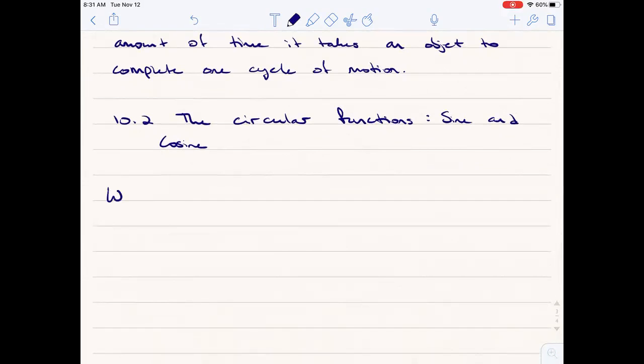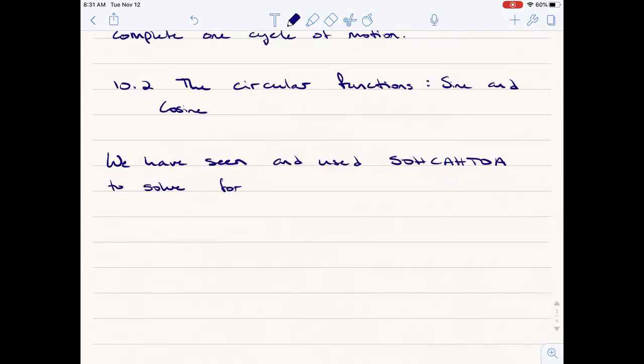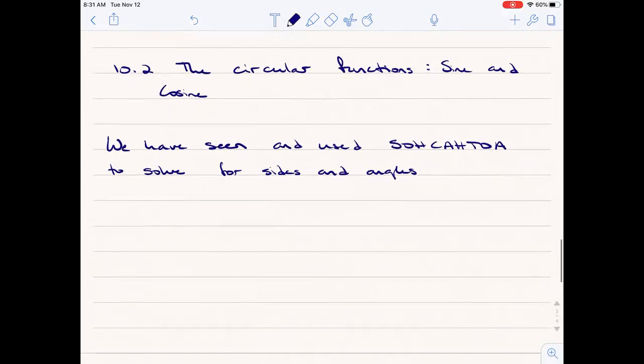So we have seen and used SOHCAHTOA to solve for sides and angles involving right triangles.